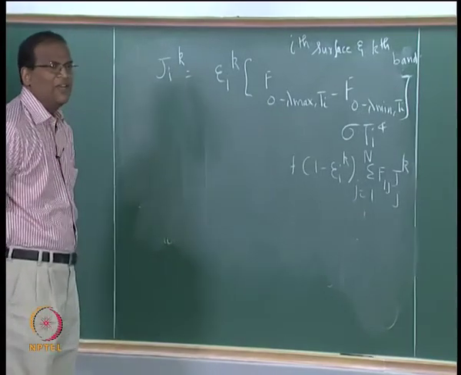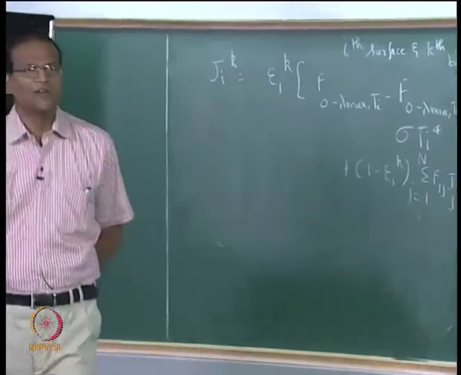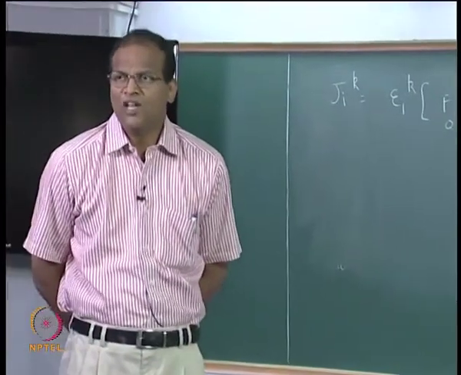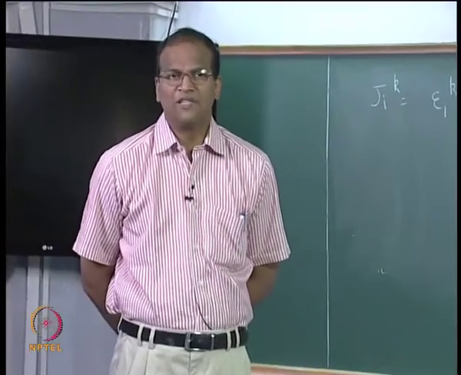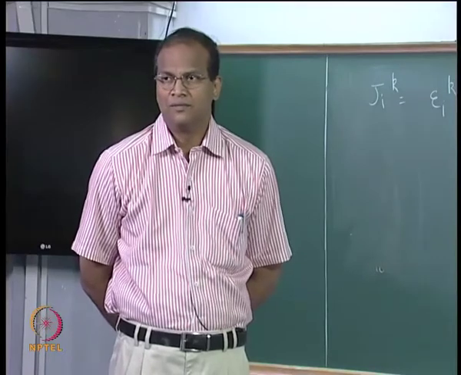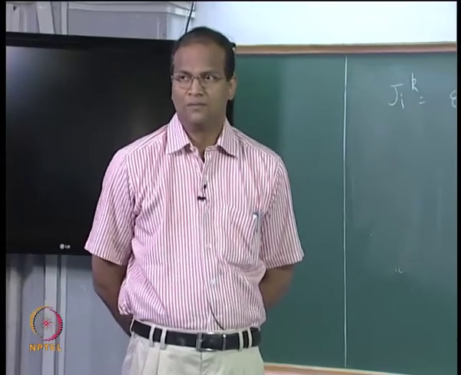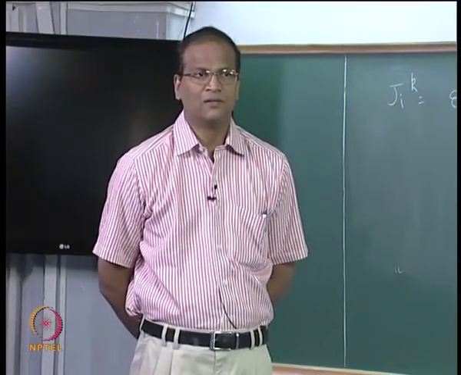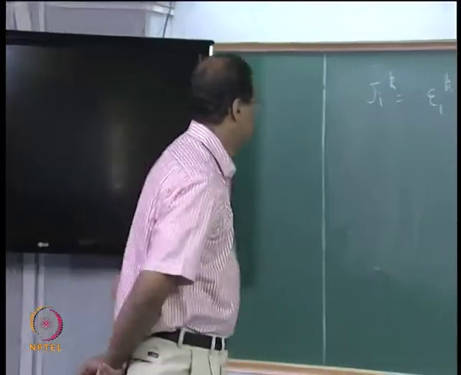Here i is varying between 1 and 2, k is also varying between 1 and 2. We will have only 4 equations, 2 sets of equations, which can be solved simultaneously to get J11 and J21. Second set of equations, are you getting the point?